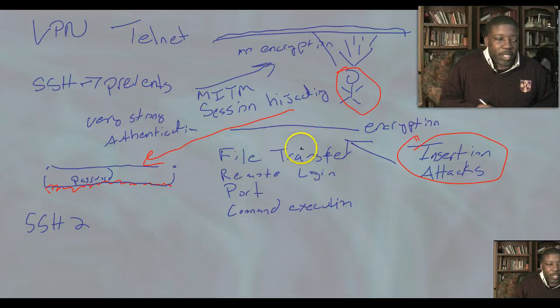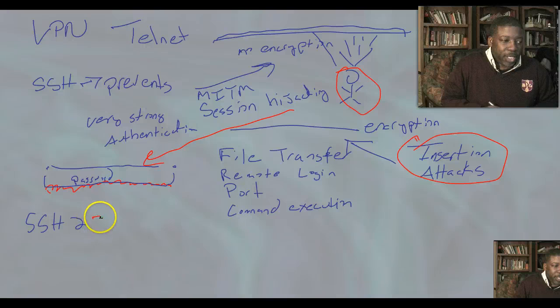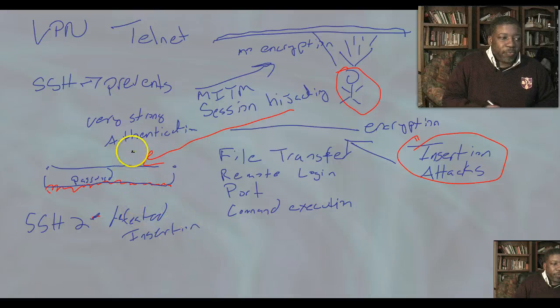It's open to insertion attacks. So therefore, SSH2 came along and it defeated the insertion attack. And again, in another video I will talk more in depth, but this is just for terms so that you understand, as the project manager, what's going on in this security video.